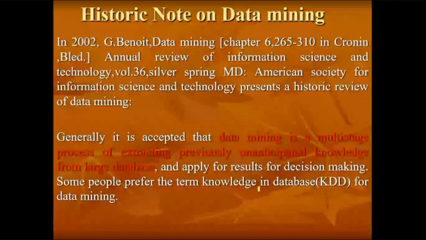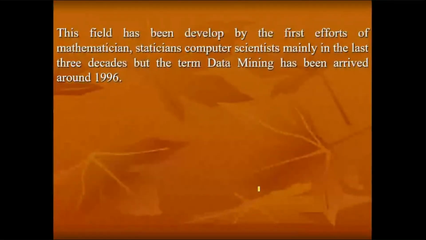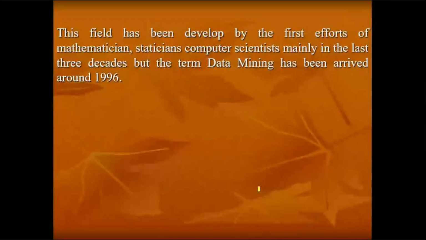But after some time, the very famous topic became data mining. This field was developed by mathematicians, statisticians, and computer scientists, mainly in the last 3 decades.